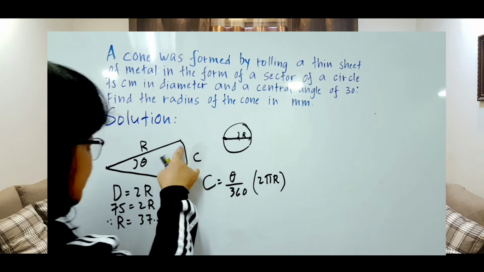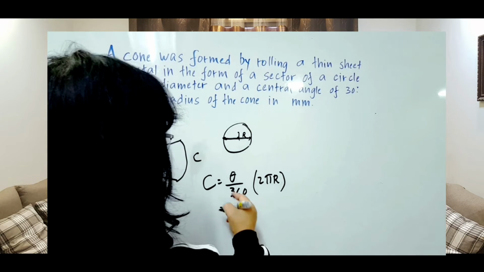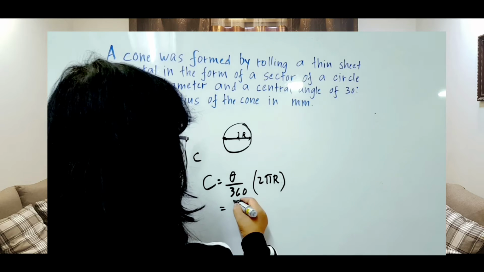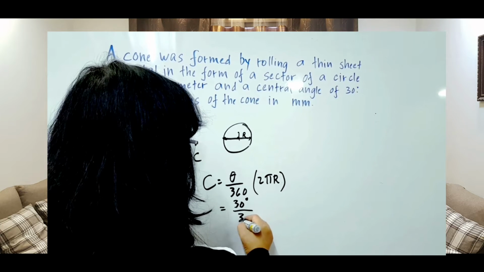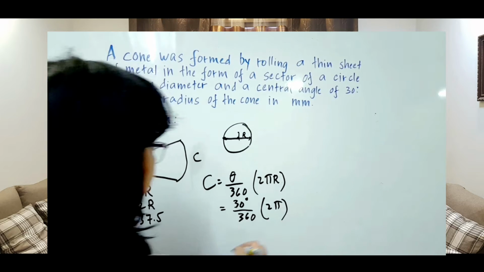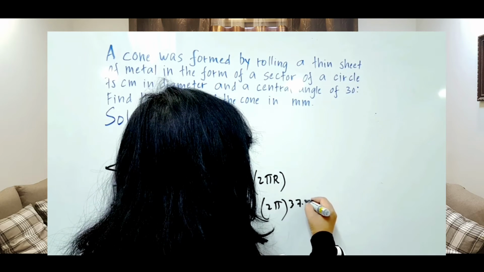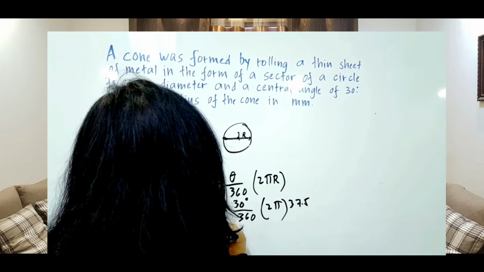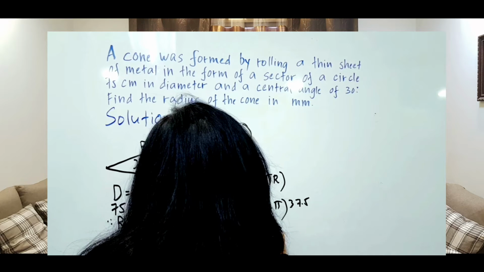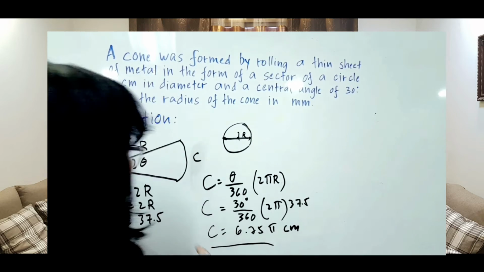Substituting the value of theta, which is 30 degrees over 360 multiplied by 2 pi times the radius we solved, which is 37.5, the arc length is therefore equal to 6.25 pi centimeter.